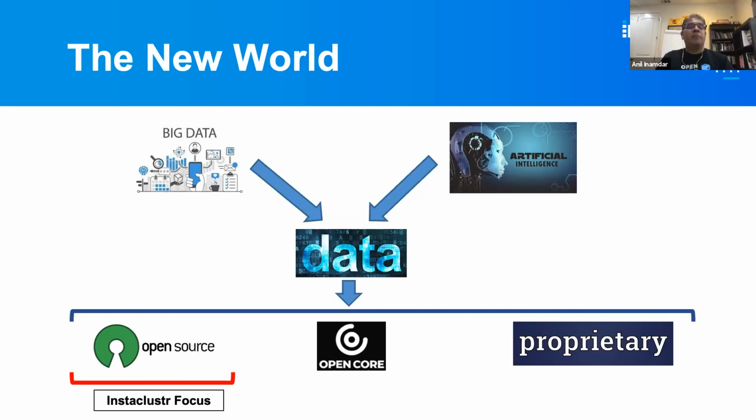So data is playing a critical role now in every enterprise. And there are three ways to provide data solutions. One is pure open source, second is open core, and third is proprietary. Instaclustr is focused on providing data solutions using only open source technologies.